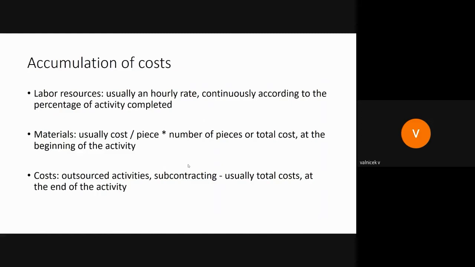But what about the indirect costs? Any ideas or any examples of the indirect costs which I have to pay and I cannot allocate directly to the product?